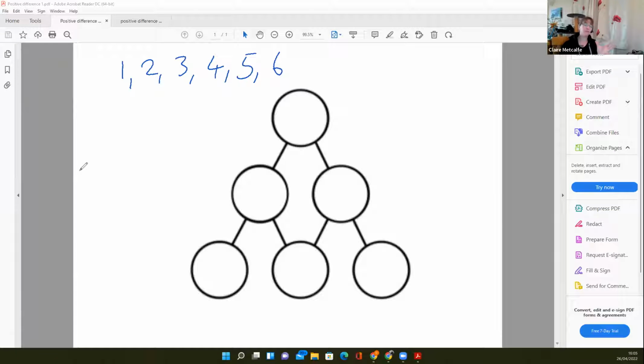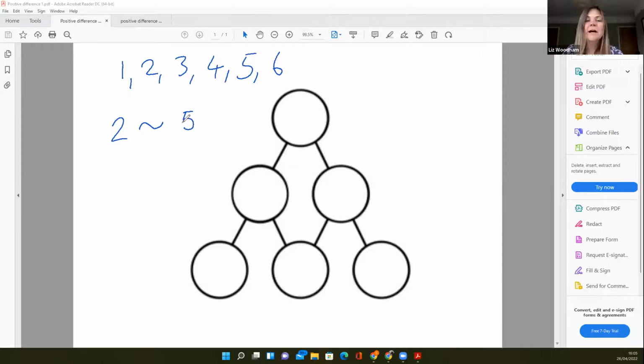So the positive difference is where you take the biggest number and subtract the smallest number. I think the symbol was a tilde. So 2 tilde 5, the positive difference between 2 and 5, is 3.